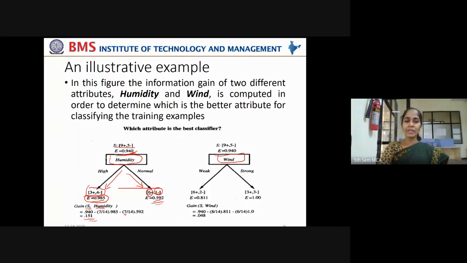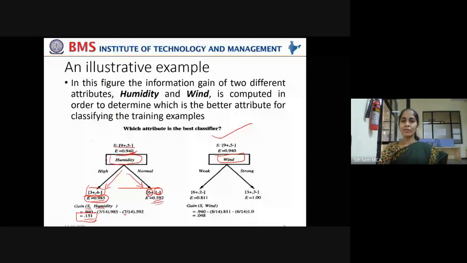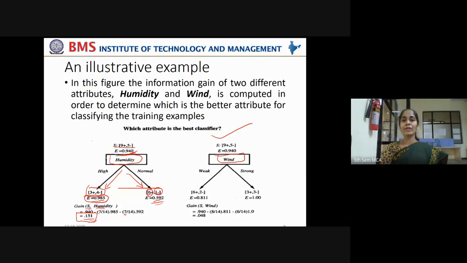What is the information gain you get here? 0.151. Got it? Now let us also calculate the information gain for the wind attribute, so that we can make a choice between humidity and wind, which should be the root node for the decision tree or a root node for the subtree in the decision tree.